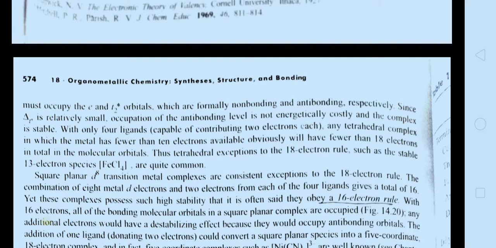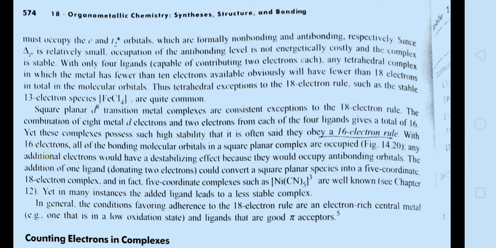Square planar d8 transition metal complexes are consistent exceptions to the 18 electron rule. The combination of 8 metal d electrons and 2 electrons from each of the 4 ligands gives, in the case of complexes with the d8 configuration, 8 electrons from the metal and 8 electrons from the 4 ligands.